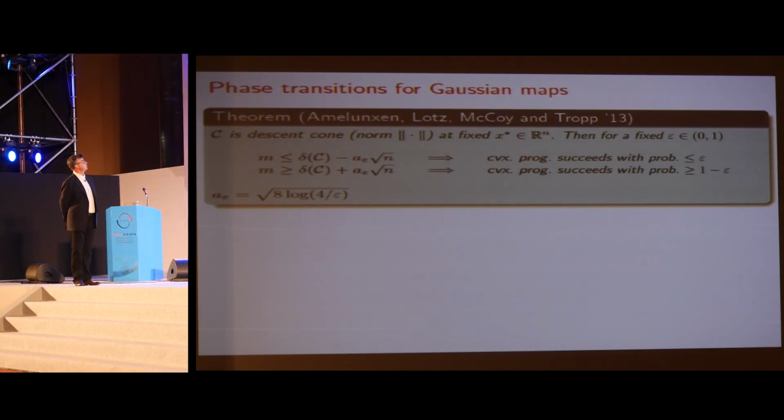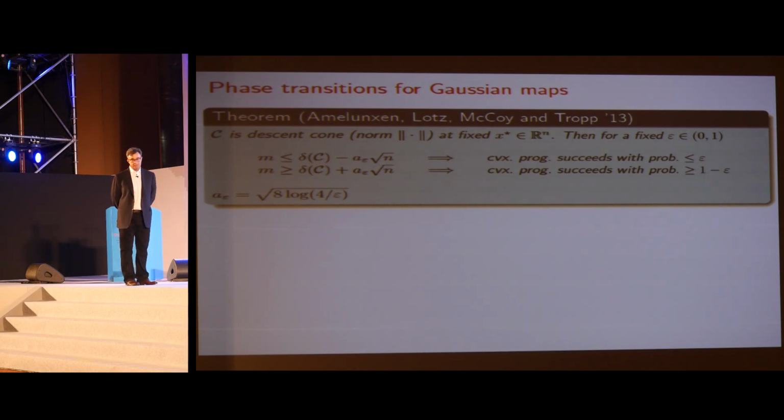In fact, due to a result of these four authors, Amelunxen, Lotz, McCoy, and Tropp from last year, we know that the statistical dimension produces a very sharp transition between success and failure. In particular, if the number of equations is just slightly below the statistical dimension, then convex programming succeeds with very low probability, so it fails with high probability.